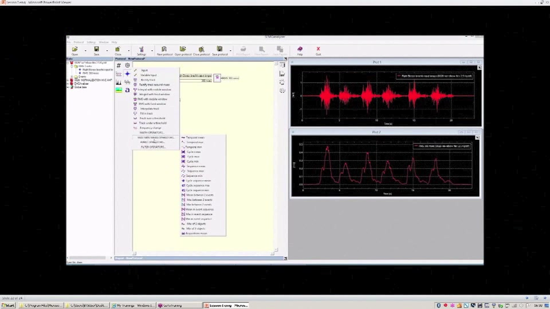So now if we want to perform the normalization, we can choose the scalar and the operator ratio between two objects, where the two inputs are first the root mean square of the signal and second the peak value.